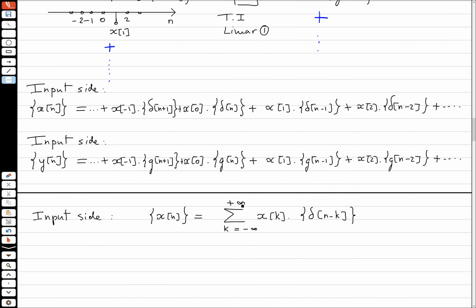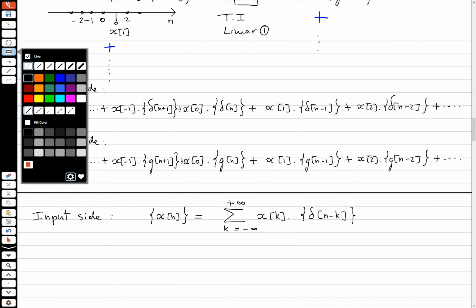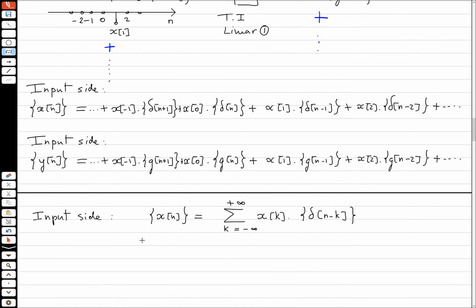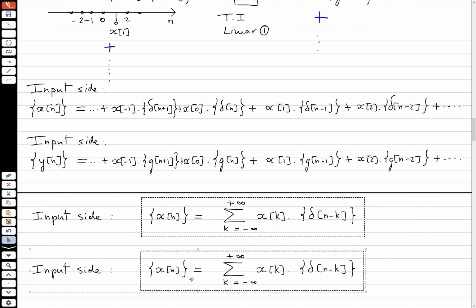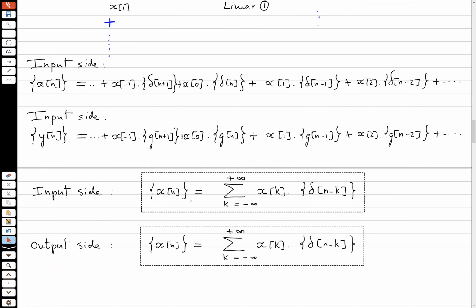So I'm going to put a box. And the output side is the same, except that here we have the output, and delta has been replaced by g. That's very simple mechanics.